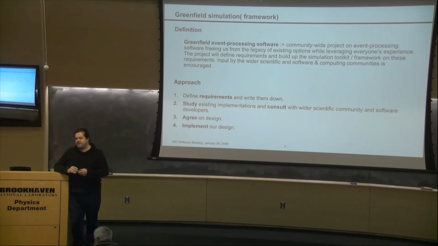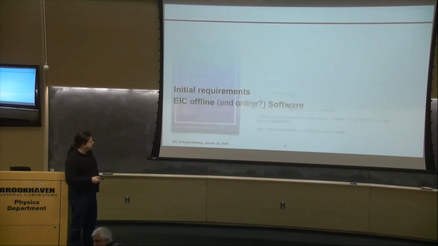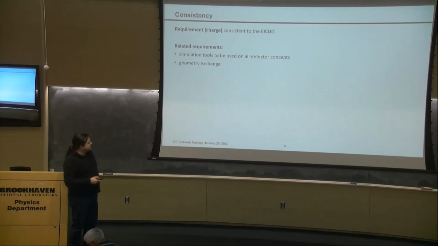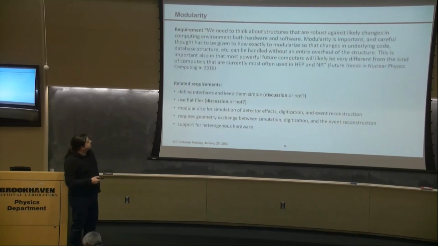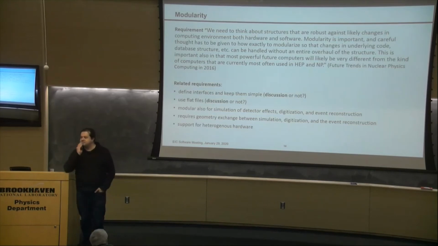If you go to your last slide, the one with the requirements? You mean this one? Yeah, this one. Given my ignorance, I'm not too familiar with how much has been done in terms of EIC software.